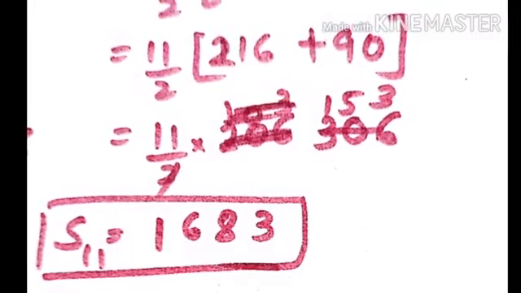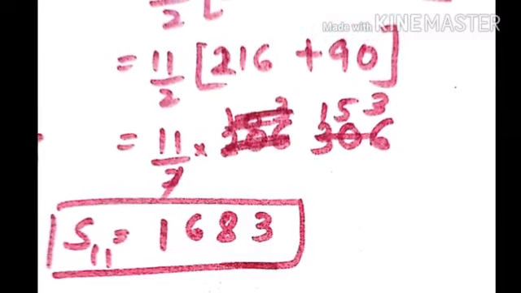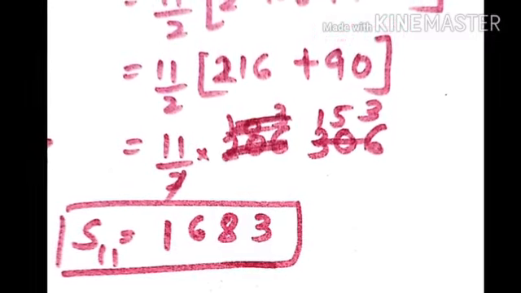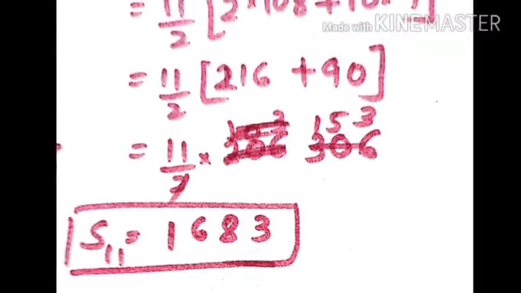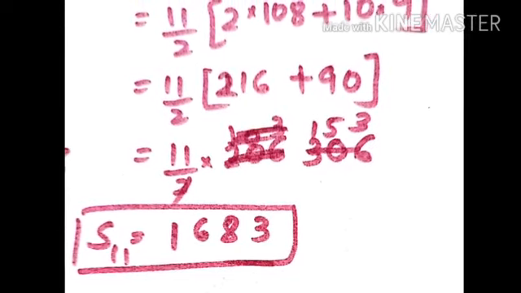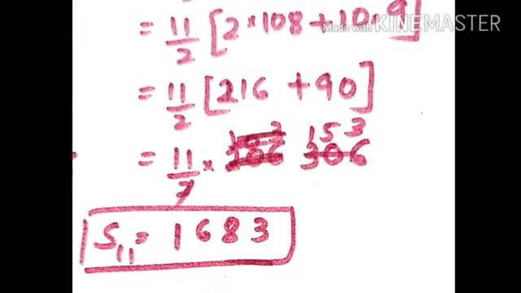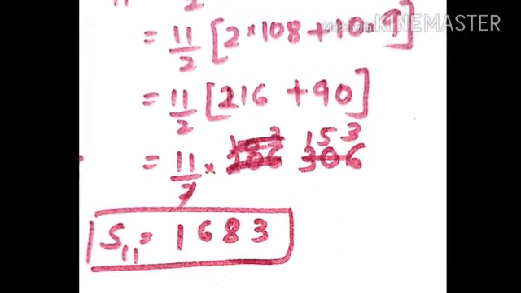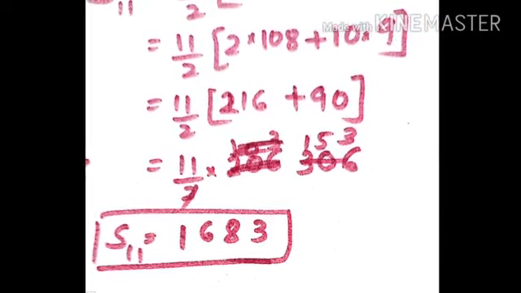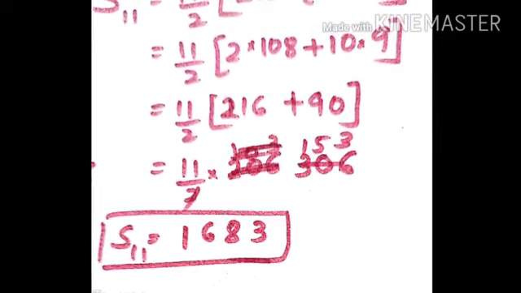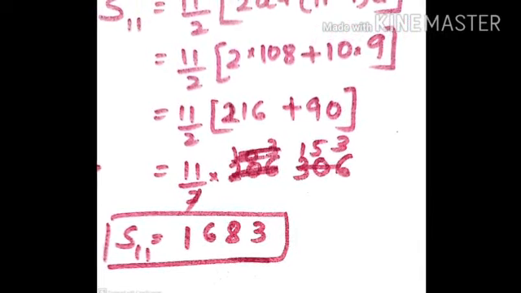But they also asked for the sum of the terms not divisible by 9. So students, first of all you have to think that if we want to find those not divisible by 9, we will first take all the numbers between 100 and 200, that is 101 to 199.